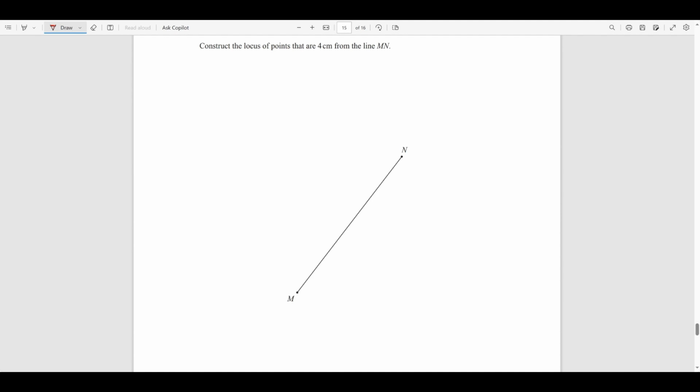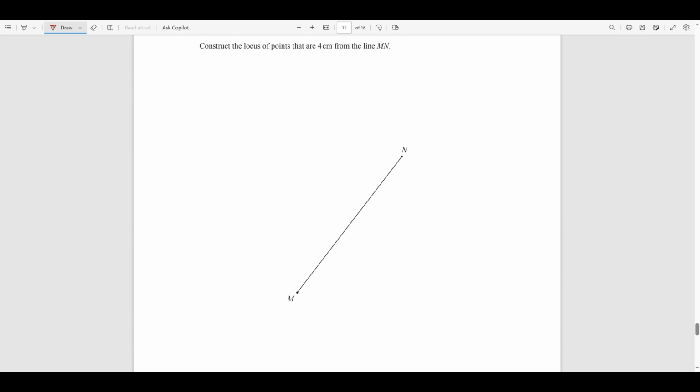I mean, this point could also be 4 centimeters away, but I'm talking about perpendicular distance, right? So this point could be on another line which is 4 centimeters away from this. So how would you do this? You will have to create a line perpendicular to MN. You can do this by using a set square.